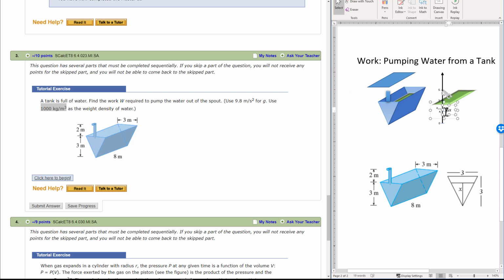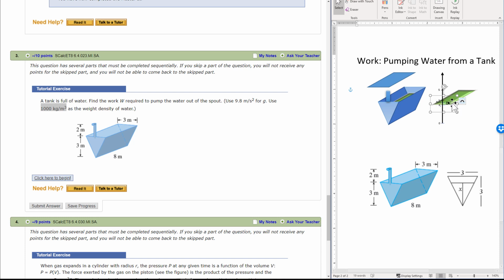So I'll take the slab of water, and we'll assume that slab of water has some thickness. We'll call it delta x, and it has some height x, somewhere between 0 and 3, x sub i if you want.